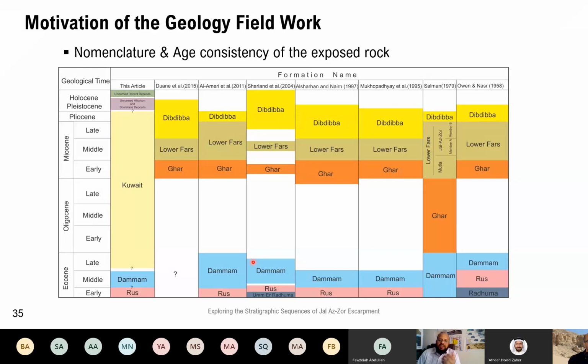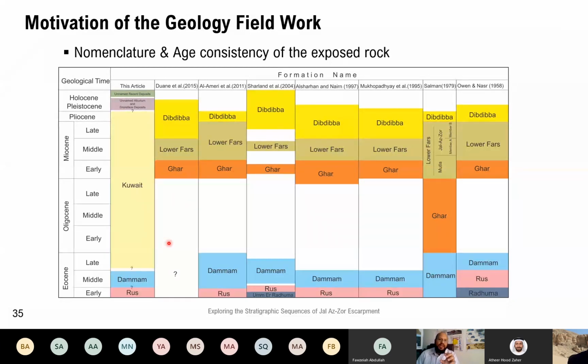If you go to Iraq, if you go to Iran, especially towards the north, these are quite differentiated, because Lower Faris is carbonate and evaporitic, Ghar is a different sandstone facies, and Dibdiba is more conglomeratic. If we come to Kuwait, we don't see that. So we believe this is a different character from what we see in neighboring Saudi, neighboring Iraq, and neighboring Iran.